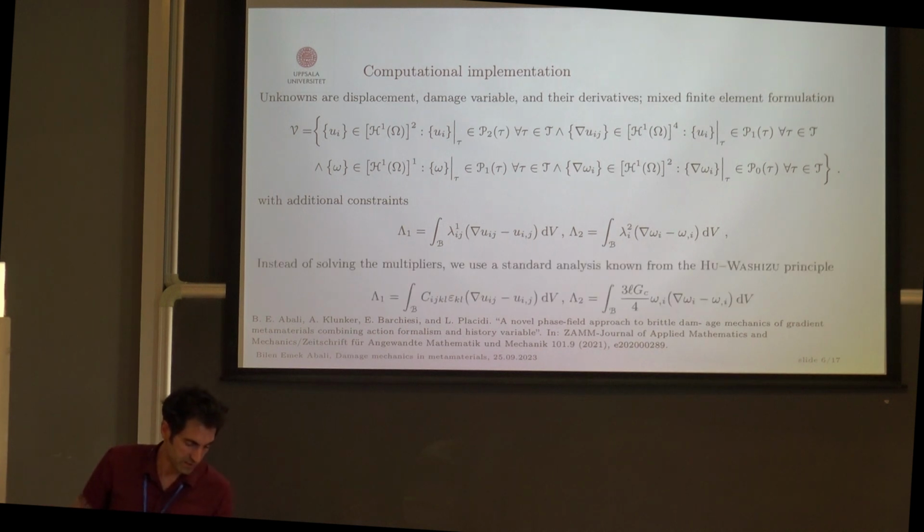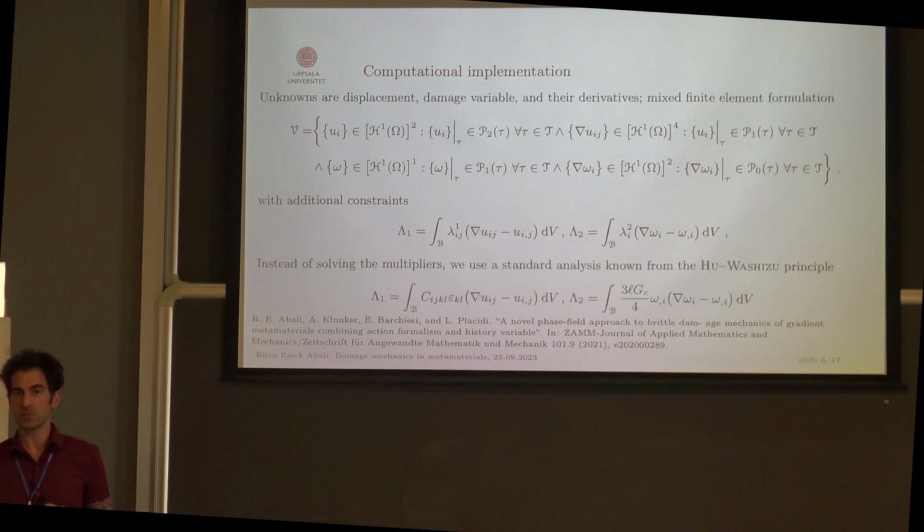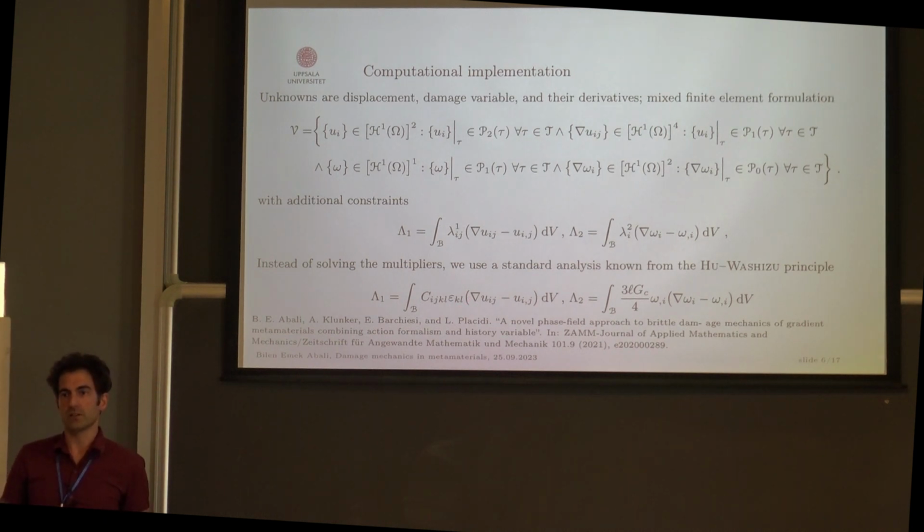So what I do is I just use the trick which is known as the Hollenbach principle. I'm just looking at the units and trying to find for this Lagrange multiplier something which is of the correct order of magnitude. That means what I use here is a trick in order to skip or circumvent calculation of Lagrange multipliers.